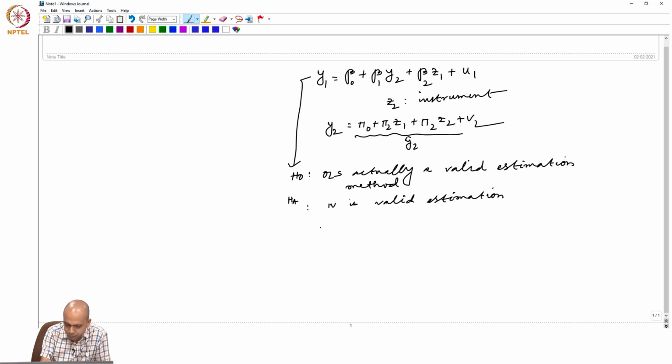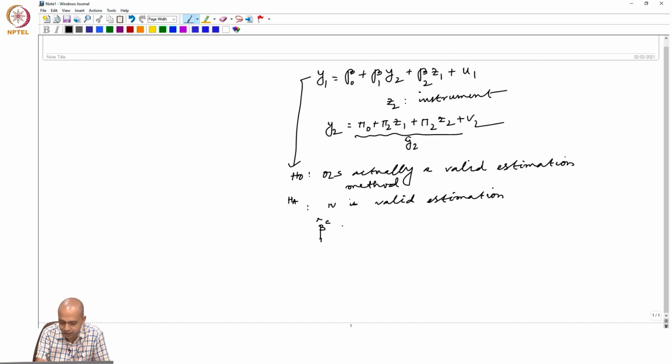Let us assume that beta hat C means a consistent estimate of this beta 1 hat, where this is the endogenous variable.